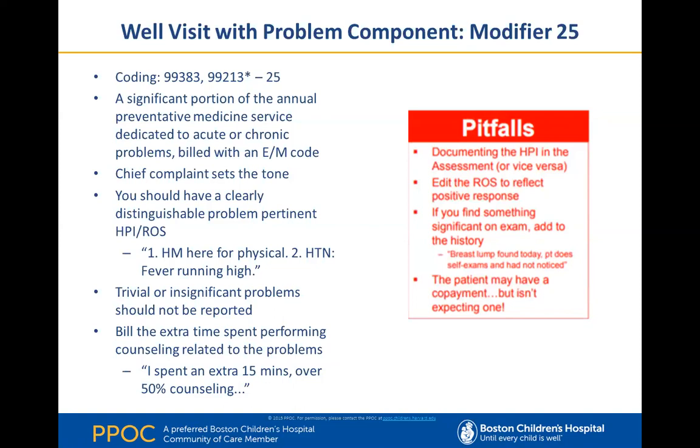When you use the modifier 25, that essentially means I did something extra. So by saying I spent an extra 15 or however much time was spent, and then over half of that was counseling, again, there shouldn't be a need to have to say that part of it, but again, using the buzzwords and phraseology is of paramount importance here.